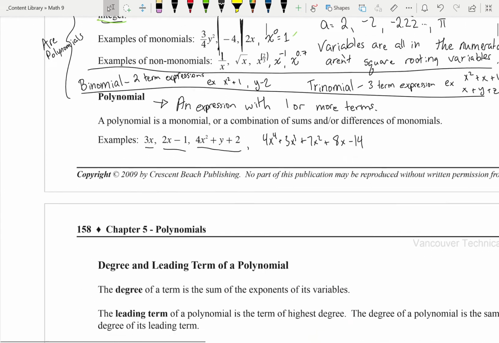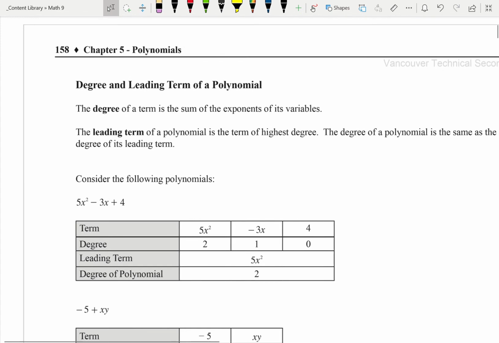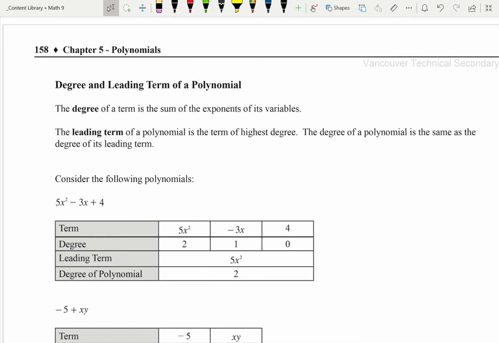So starting here, we're going to go on to a different way that we can use to help us both write and read polynomials. So to read and write with polynomials, it's important to know two things. One is the degree and something called the leading term. So the degree is the sum of the exponents of its variables. So for example, I'll give a couple here.